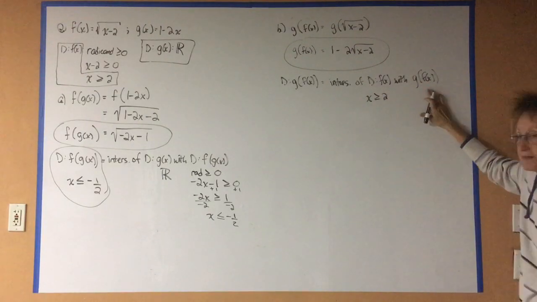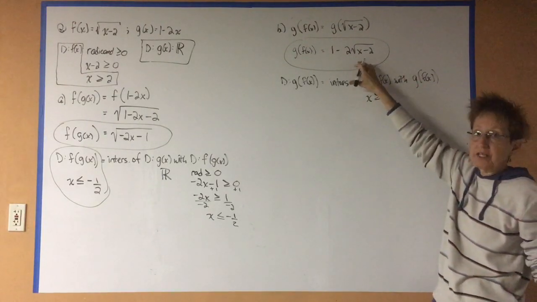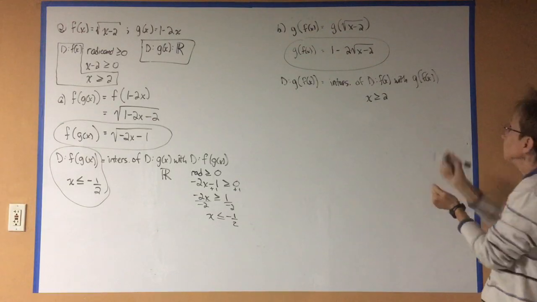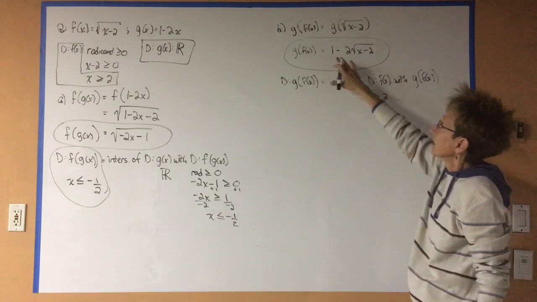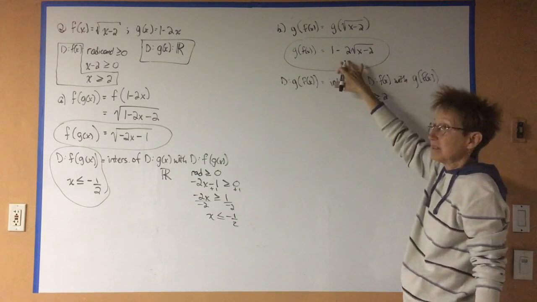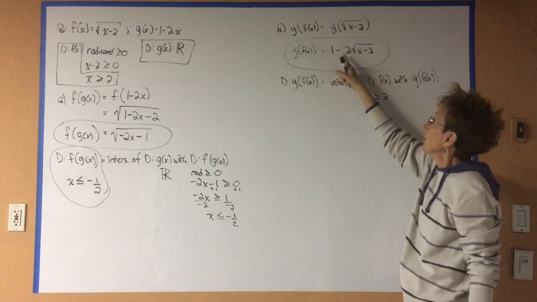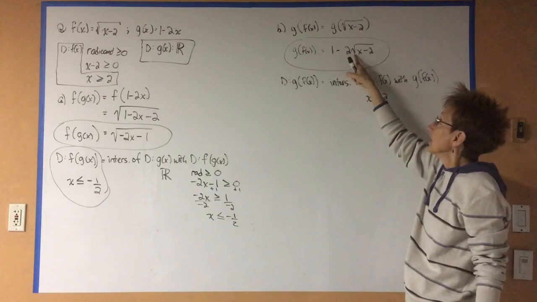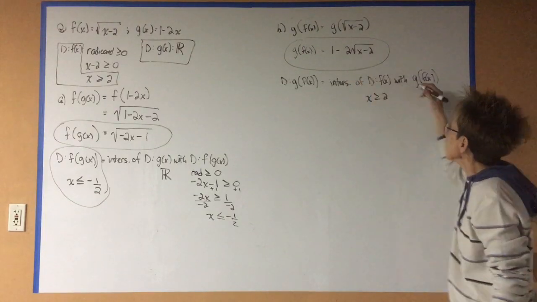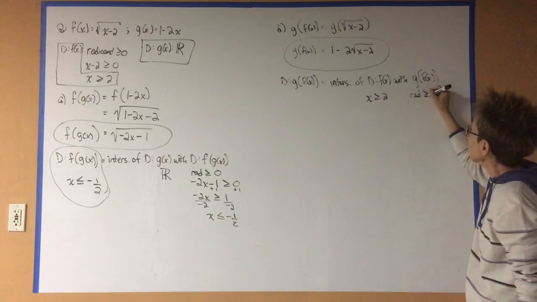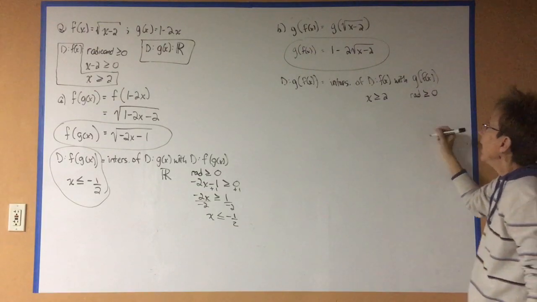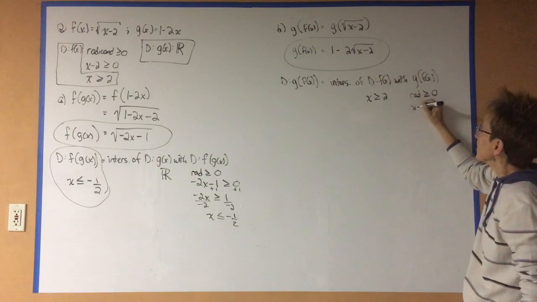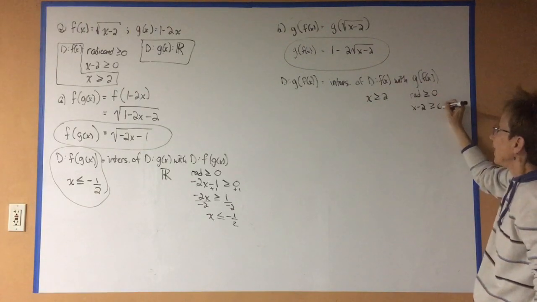And now I need to figure out this domain of the simplified version, and then I'll see what they have in common. Well, domain of the composite simplified version, there's nothing here. Here's where the issue is again, and it's a square root, and this is the radicand. So basically, radicand has to be greater than or equal to 0, and the radicand is x minus 2 has to be greater than or equal to 0.